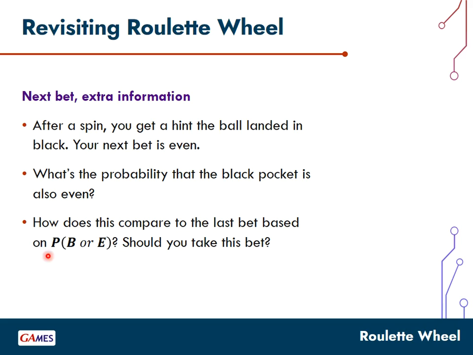So instead of the general bet of probability of B or E, B or E is already out of the question. You cannot bet B or E anymore because obviously the pocket is black.